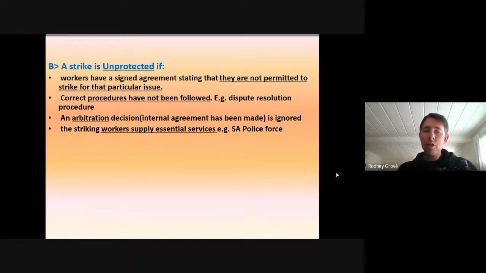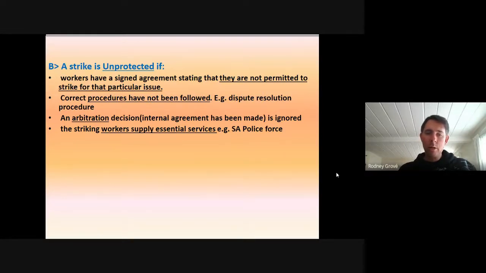If an arbitration decision has been made, and that decision is ignored, your strike is unprotected. So if you go to the arbitration phase and a decision is given, but you ignore that decision and go on strike, your strike will be unprotected.